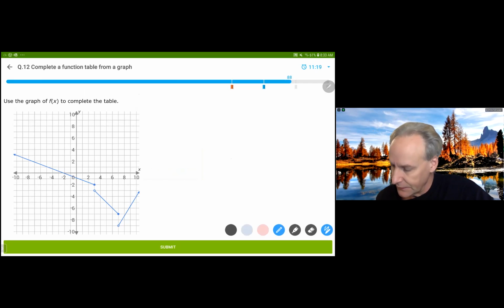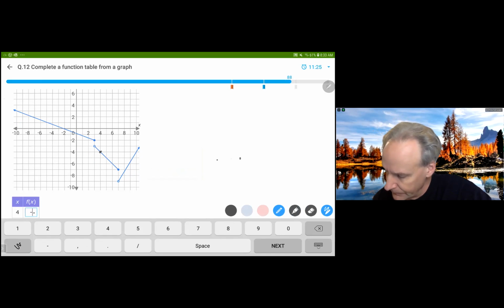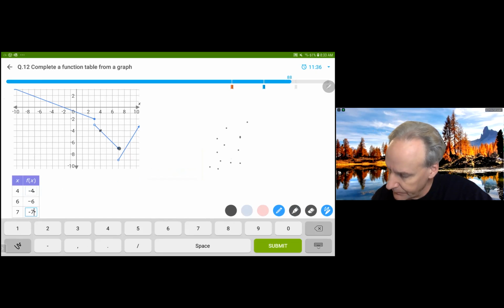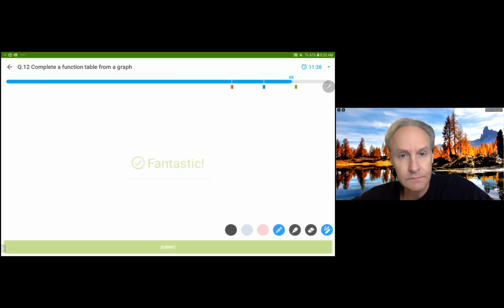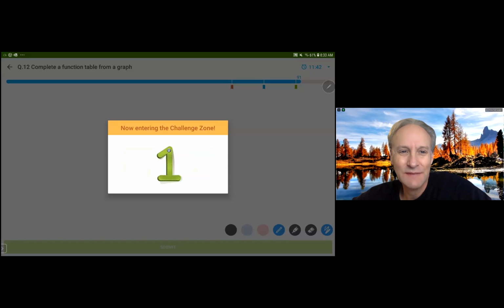And this one, I'm going to do it again. We've got one at 4, which is at -4, right there. And we have another point, 7, looks like it's going to -7. It's this one right there. That's filled in. Looks like we're getting there. Just keep at it.